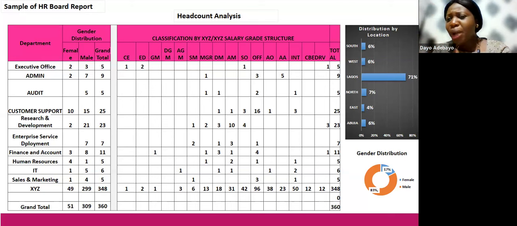Looking at that, why do we have 7% in the north when I can actually grow our business more in the north? With this, he or she will have more insights and can help make decisions based on this data.